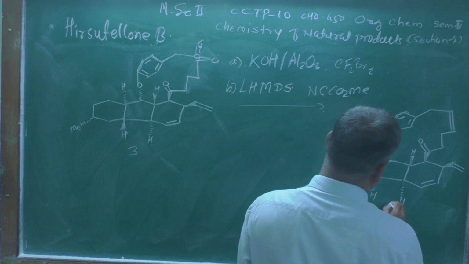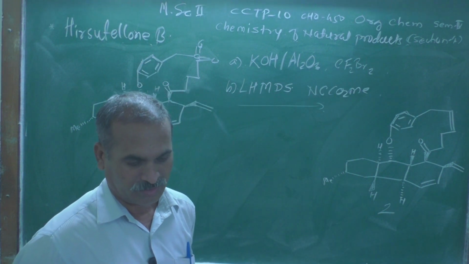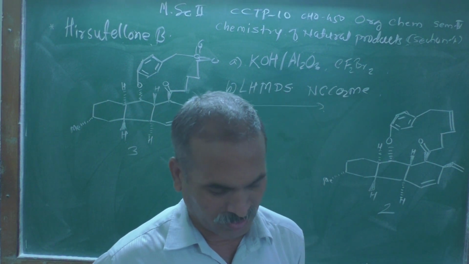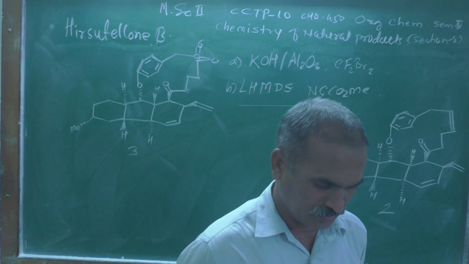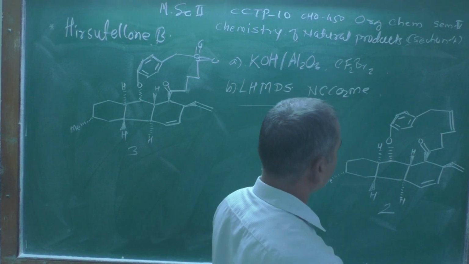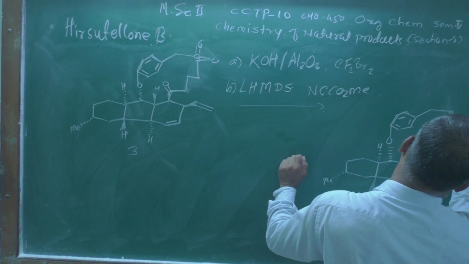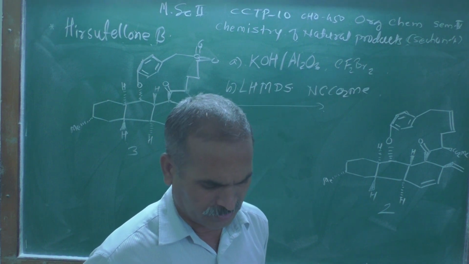This is the structure number 2 which we have seen in our previous lecture. Sorry, here one group is there, that is CO2Me. So these are the changes you can make over here.